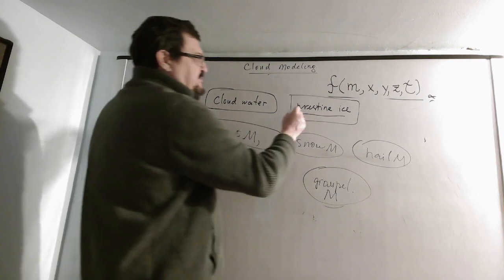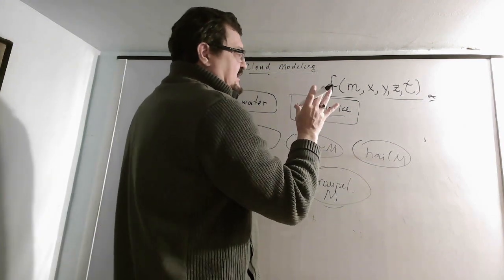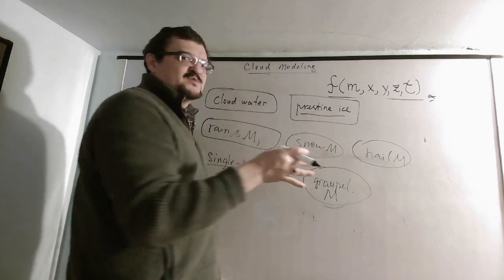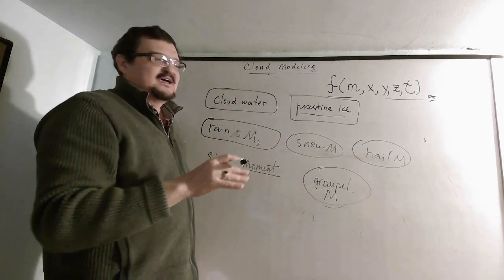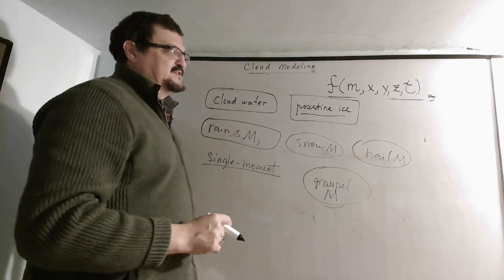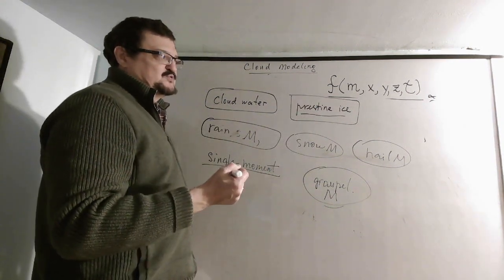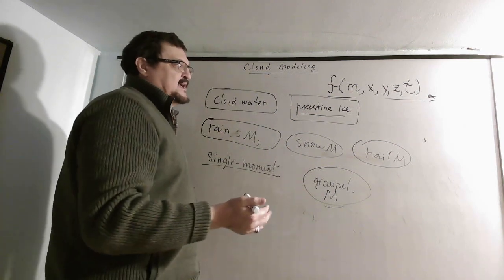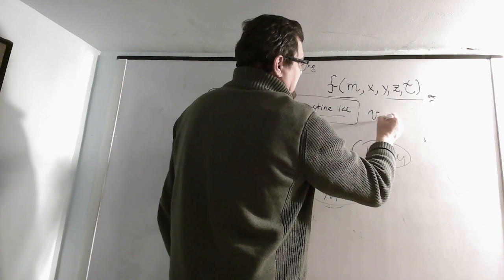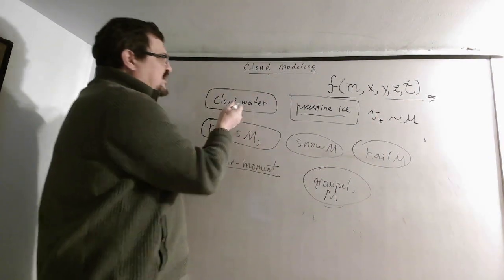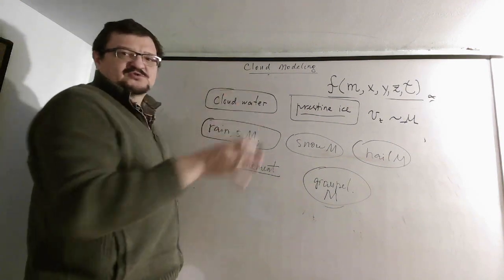So in the case of pristine ice, you can actually incorporate terminal velocity, but they all fall with about the same speed. And that makes it easy to sediment even pristine ice. You can just assume that your terminal velocity is some weak function of total mass. For cloud water, you can ignore sedimentation altogether.